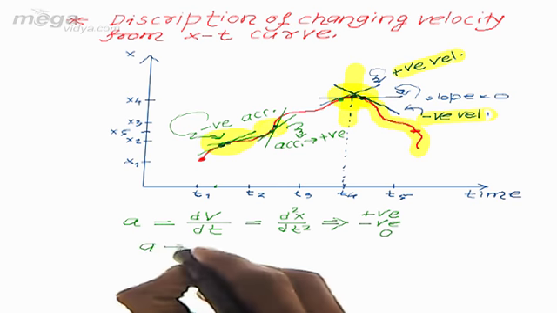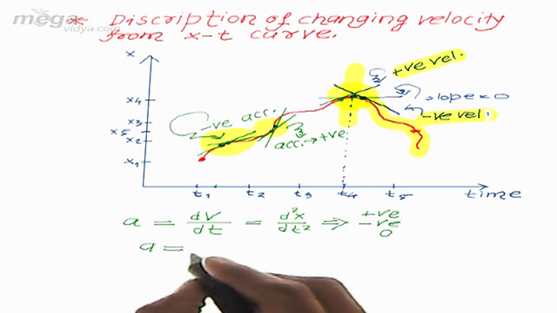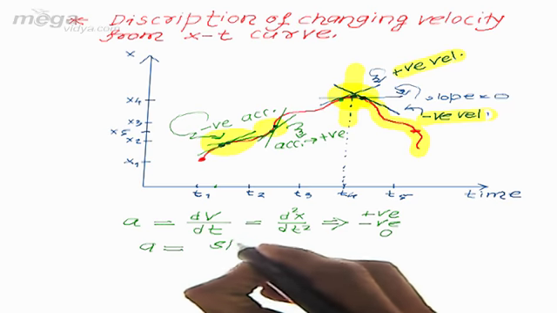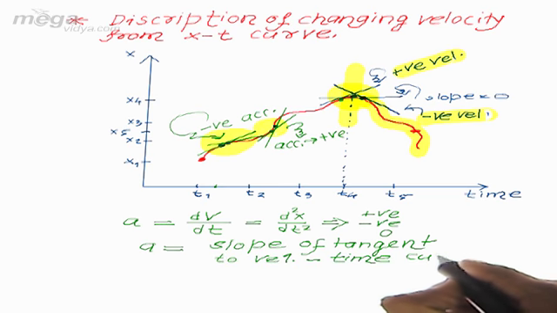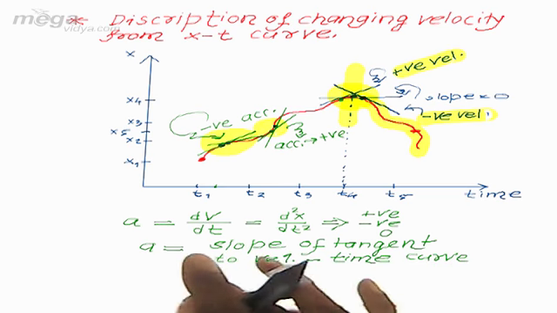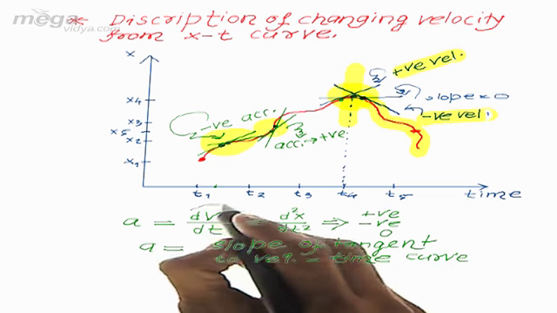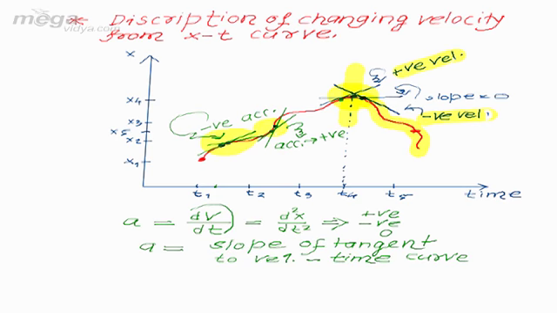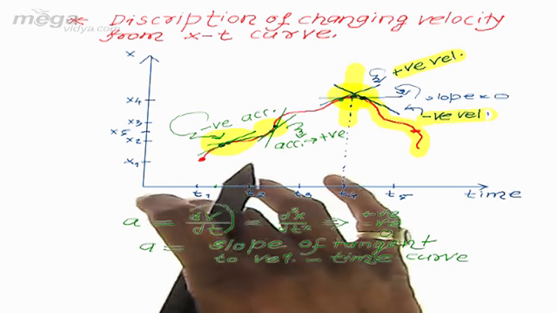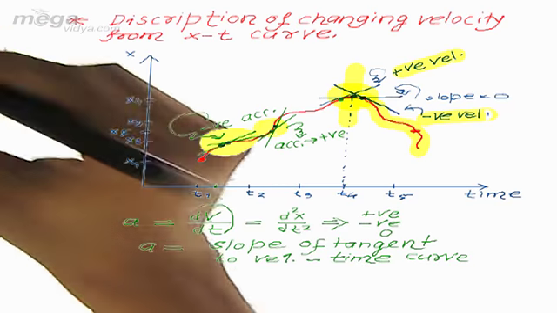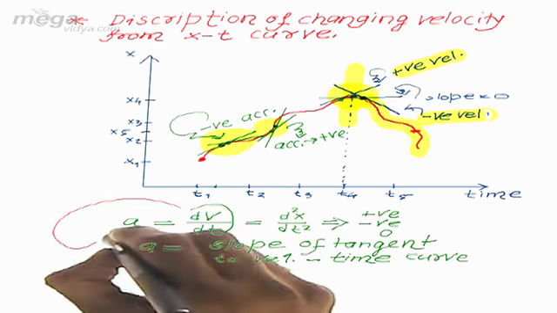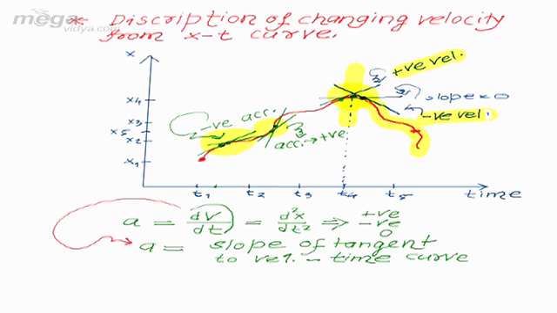So from the curve we can get the acceleration by the slope of the tangent to the velocity time curve, because it has been defined as the first derivative of velocity with time. So acceleration can be achieved by taking the slope of the tangent on the velocity time curve.